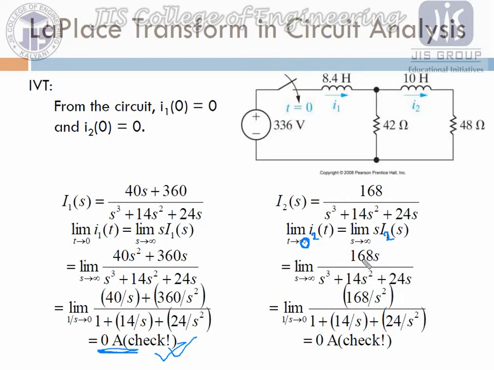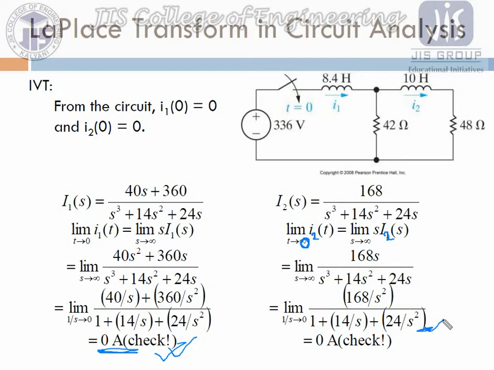Multiplying with s gives 168s divided by s cube plus 14s square plus 24s, and if we rearrange the equation we get 168 by s square divided by 1 plus 14 by s plus 24 by s square.